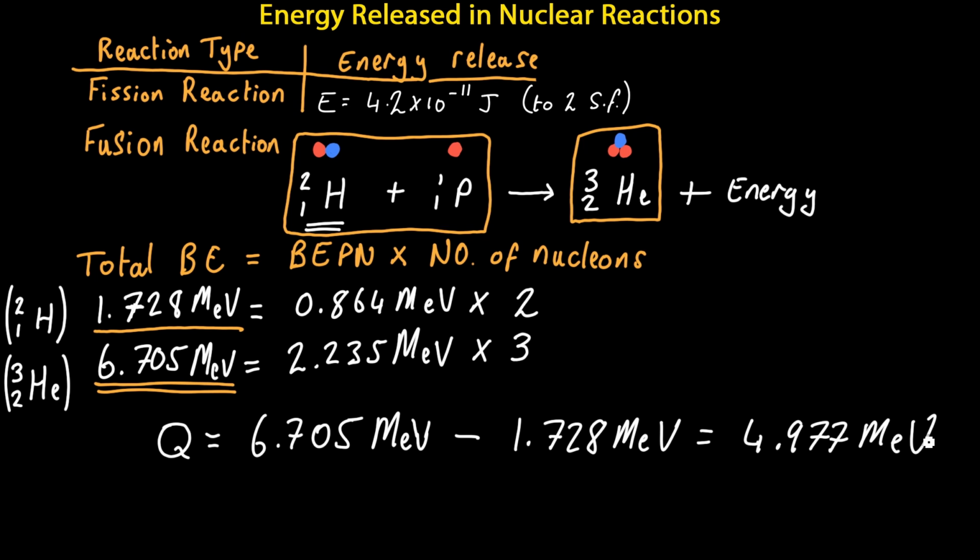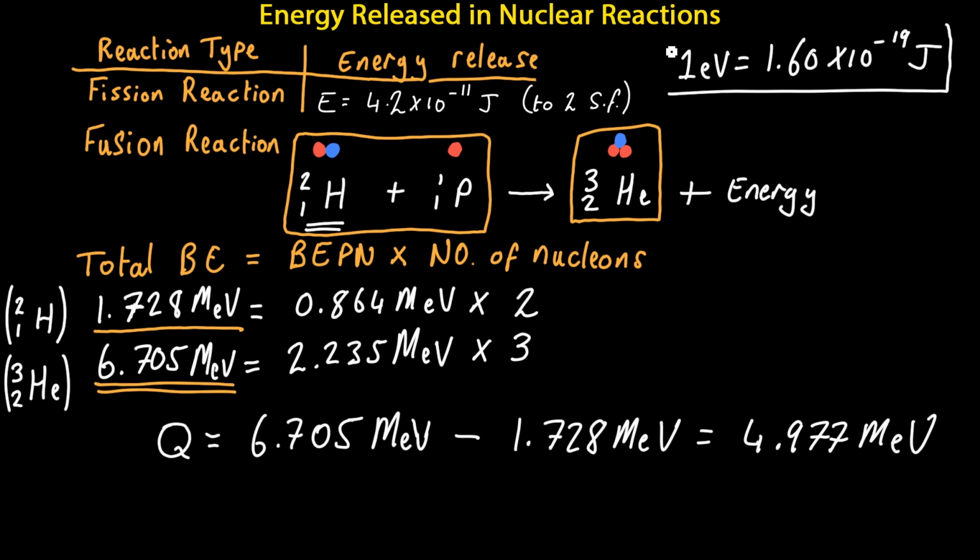Now, if we want to convert electronvolts into units of joules, 1 electronvolt is equal to 1.60 times 10 to the minus 19 joules, to 3 significant figures.